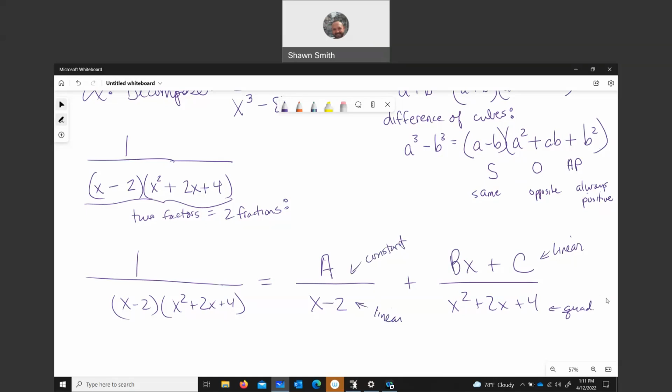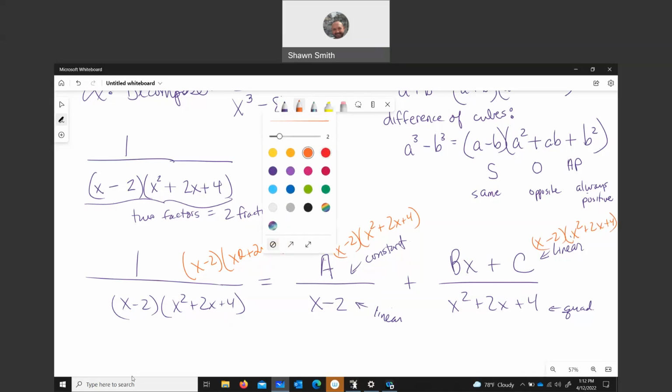The process is still the same thing. Multiply everything by the LCD. Many things will cancel out.